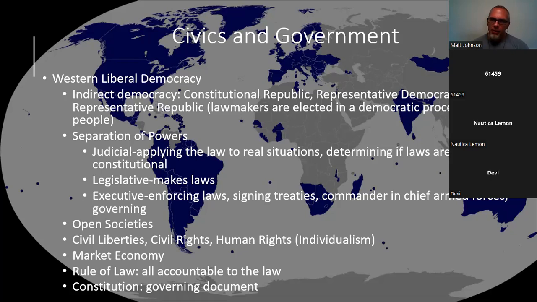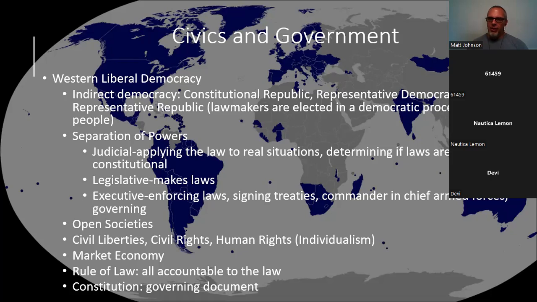And then we champion and we support the ideas of civil liberties, civil rights, human rights. Now, that can certainly be a point of contention as far as how we conduct that from time to time. But generally speaking, that is a facet of Western liberal democracy. And along with that, it tends to be a sense of individualism.